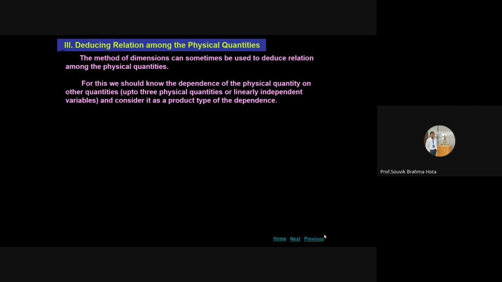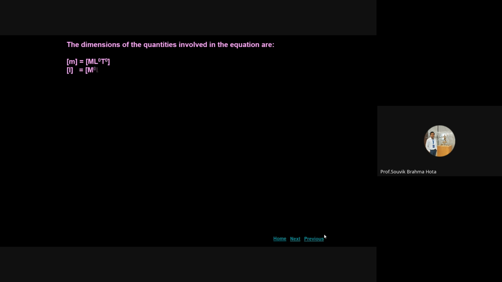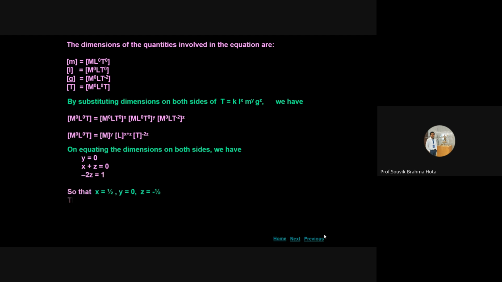They are also doing the same thing that I have done. You can remember my approach, the same thing. And whatever value I was getting, they are also getting the same thing, K root over L by G. M doesn't have anything over here.